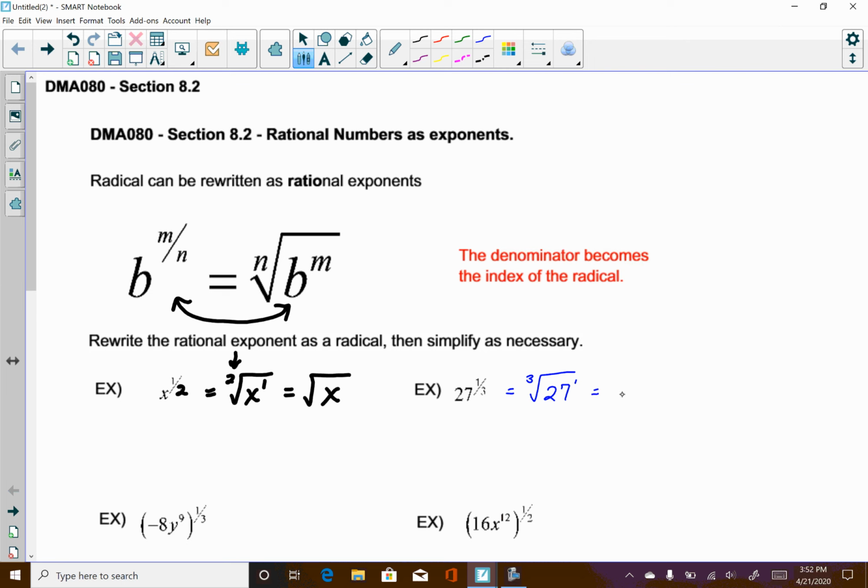And sure enough, we can: we could multiply 3 to the 3rd power and get 27. So then we can simplify this. This is the same as 3 to the 3 divided by 3, which is 3 to the 1st power, which is just 3, our final answer. And like I said before, you can go straight from here to here if you like. I'm just showing you the steps to get there if you need them.